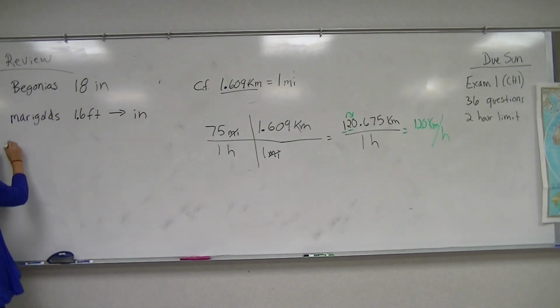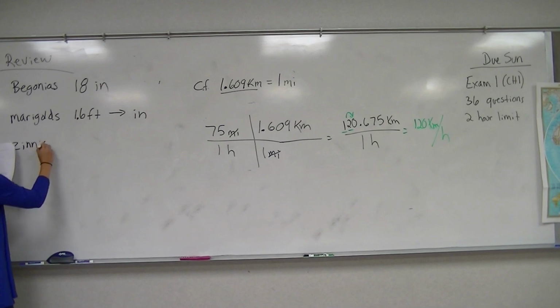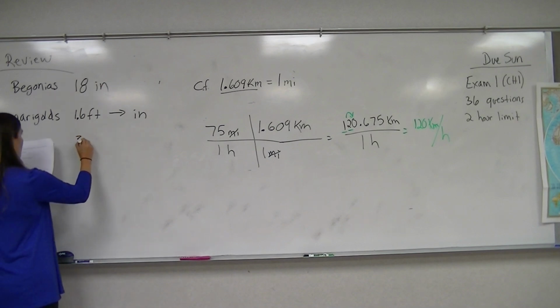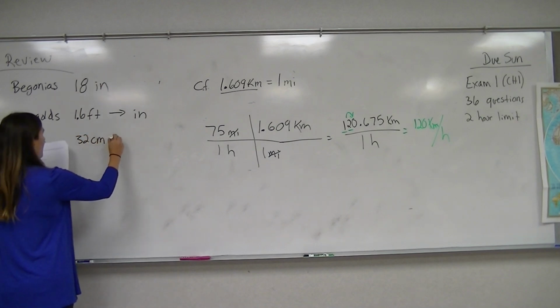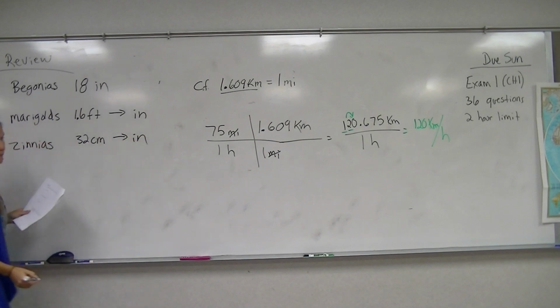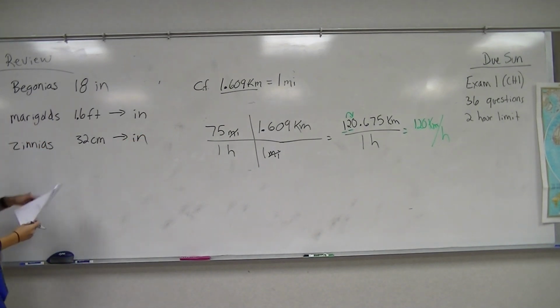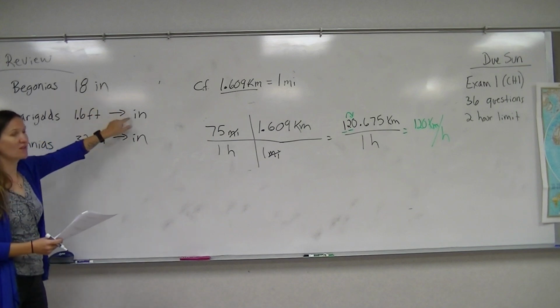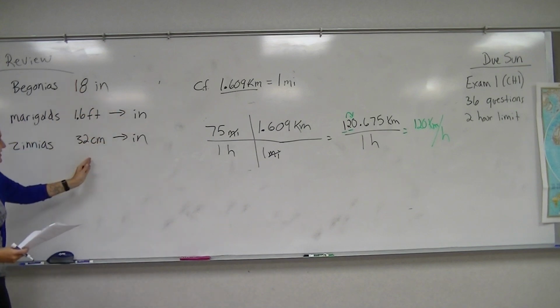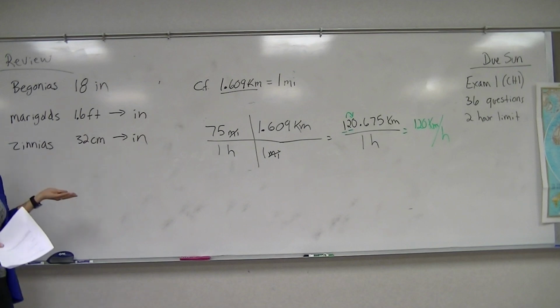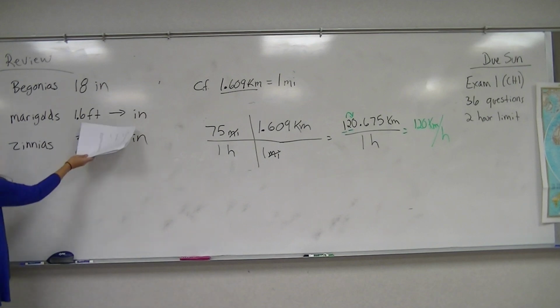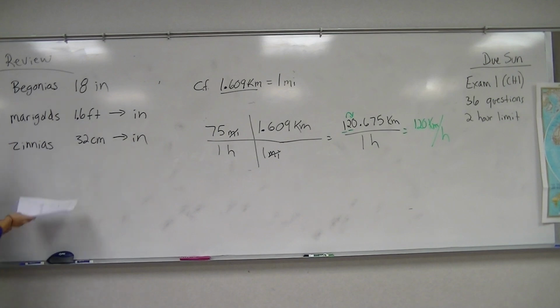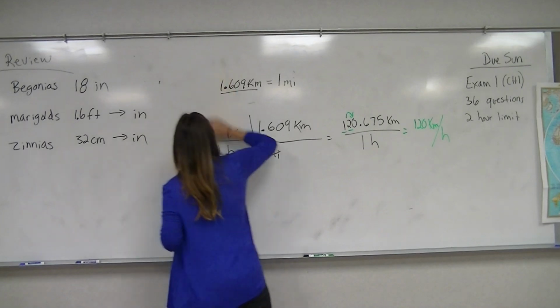Then I'm also going to take my zinnias, which are 32 centimeters tall, and convert that to inches as well. That way, I'll have all 3 flowers in inches, and I can compare the numbers directly. Because as it is, I can't compare because they're not in the same units. So it's 2 different conversions that I'm going to do. Once I'm done with those 2 conversions, I'll compare and pick which one is the tallest.